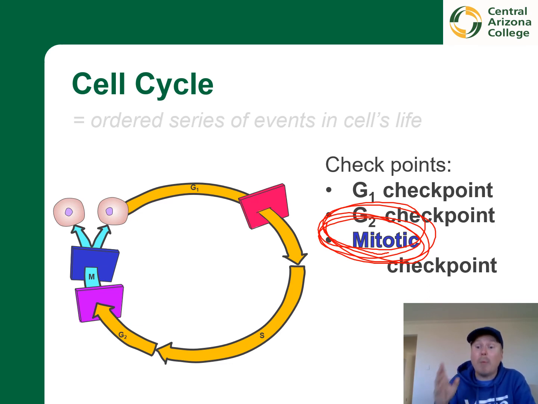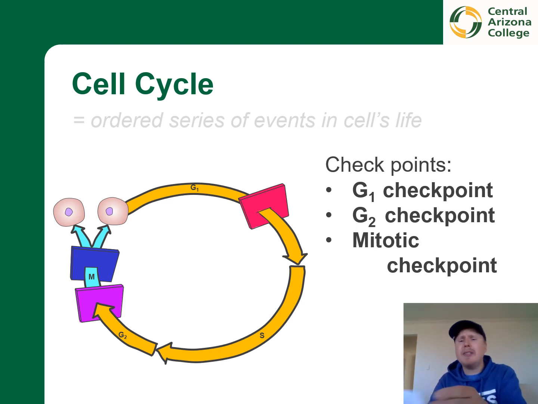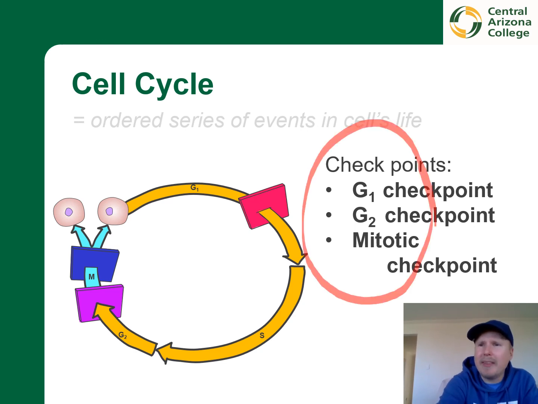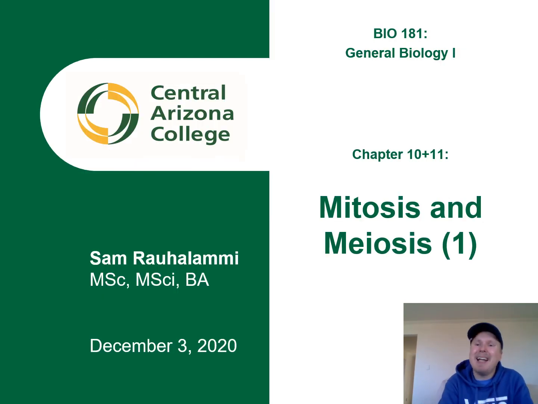And we will talk about what the spindle is in just a moment. So you can consider this as a way to make sure that everything has progressed the way we intend. And if there are any issues, then the cell would be stopped from moving ahead and making more of these faulty cells.